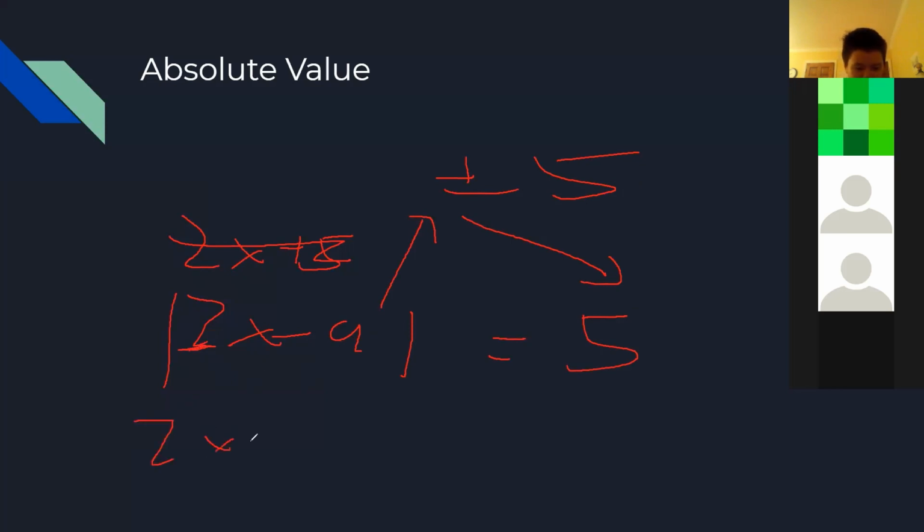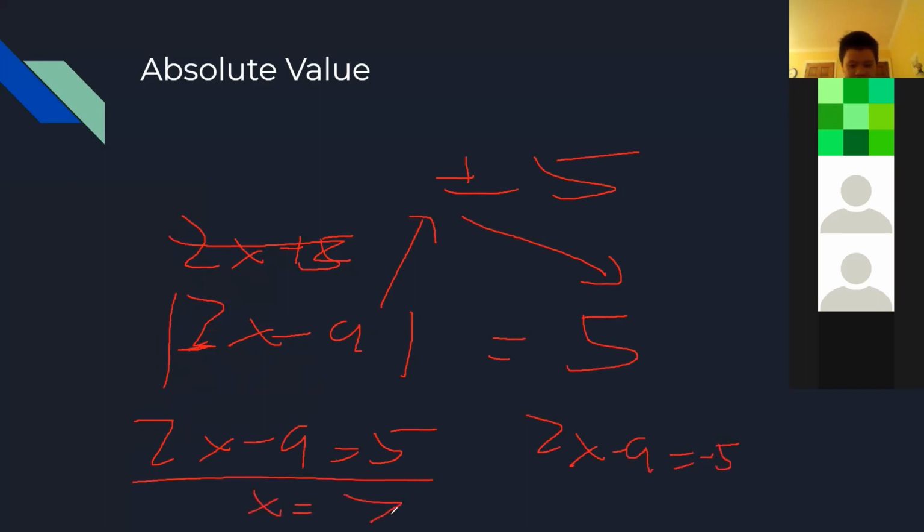So 2x minus 9 equals 5, or 2x minus 9 equals negative 5. What you get from this is x equals 7 and x equals 2. So the solutions to this are 7 and 2. Note that we have two different solutions, which may or may not be the case, depending on whether the absolute value stretches here.